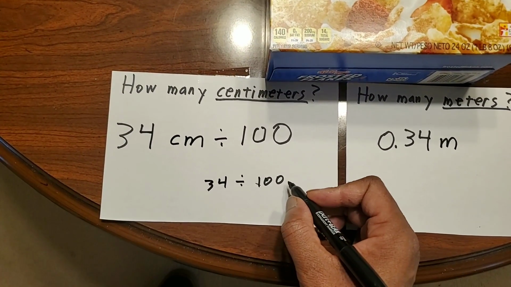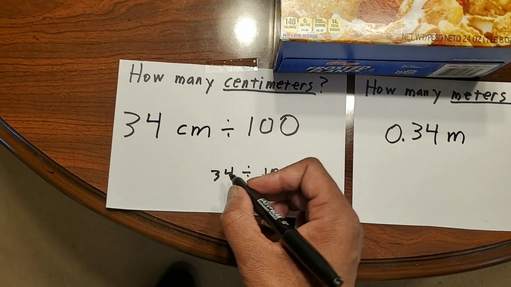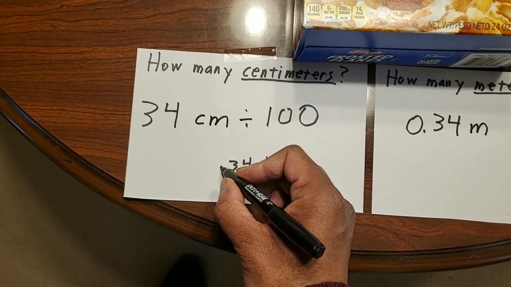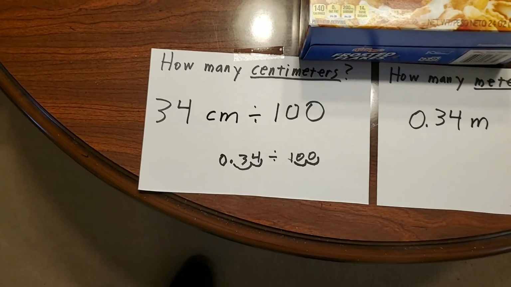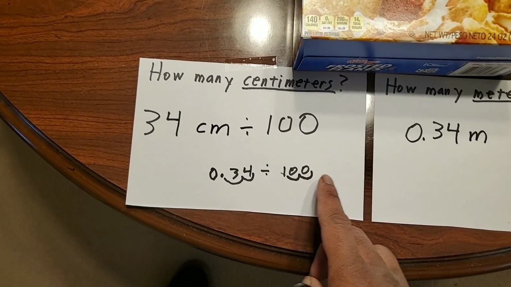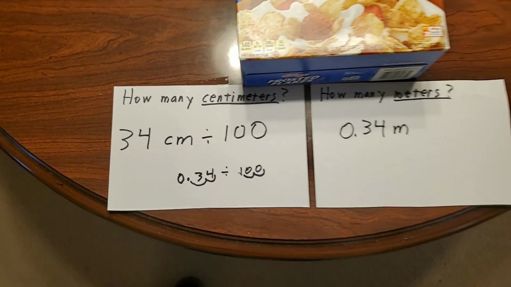So since we're dividing it, we're going to move it this way. 1, 2. I put the decimal place here, and I got 0.34. Now, if I was multiplying it, I would move the decimal this way. But since I am dividing it, I'm moving it this way to the left. Okay?